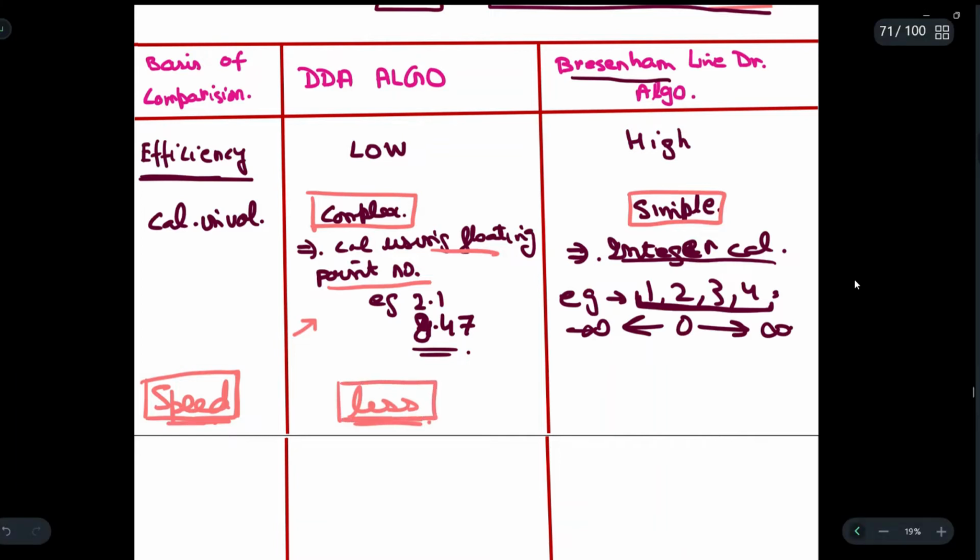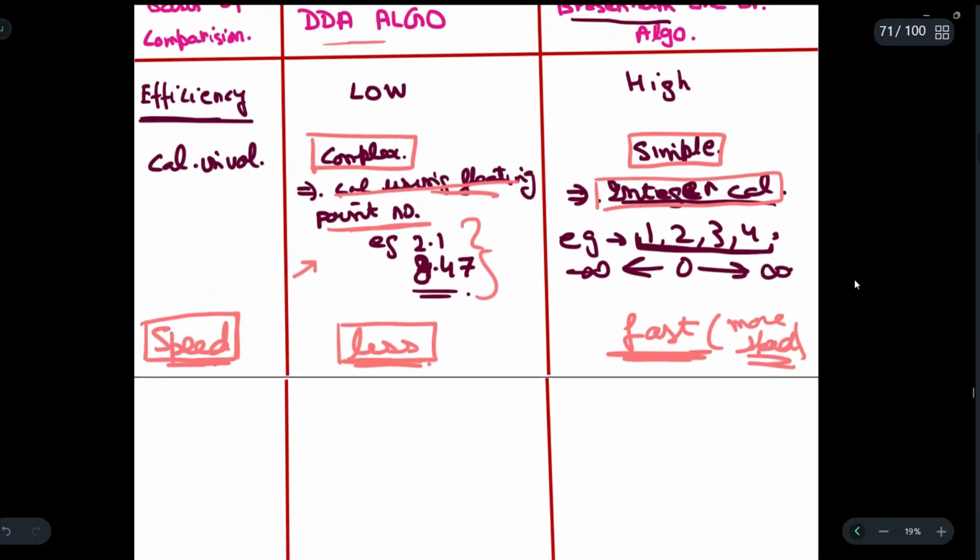Whereas the Bresenham line drawing algorithm will be a fast process, or we can say more speed. Now this is because as we had discussed earlier, we have integer calculations in Bresenham line drawing algorithm, whereas we have floating point calculations which involve decimals in DDA algorithm. That is why the speed is lower in DDA algorithm.